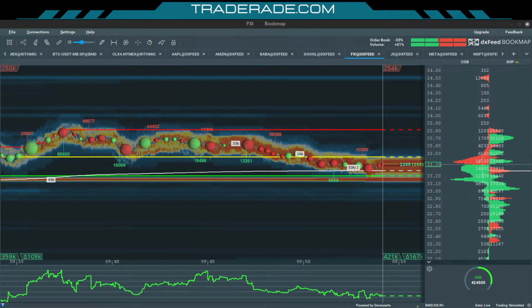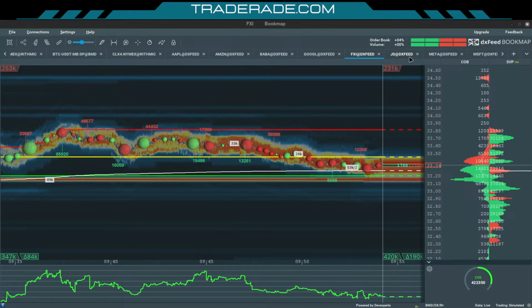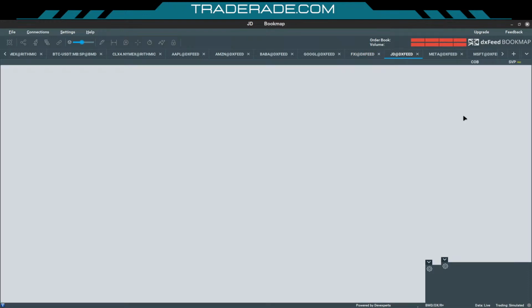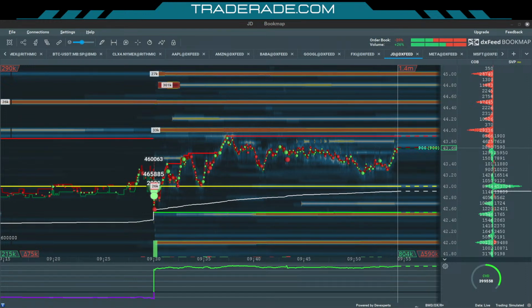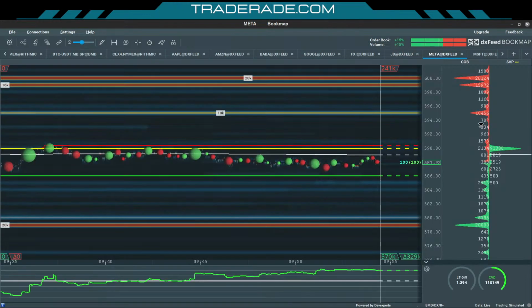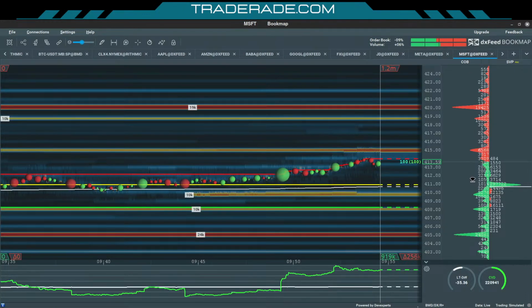FXI starting to stair-step lower as well. Down 9.1% on FXI. JD just consolidating here. We talked about some of the flows we were seeing earlier in that stock chart, targeting the 45 strike. Meta consolidating, not much to see here. Large offers around 600.